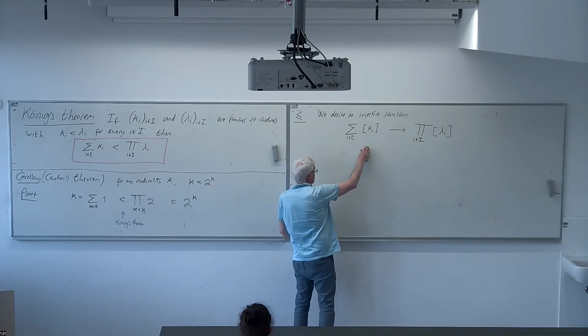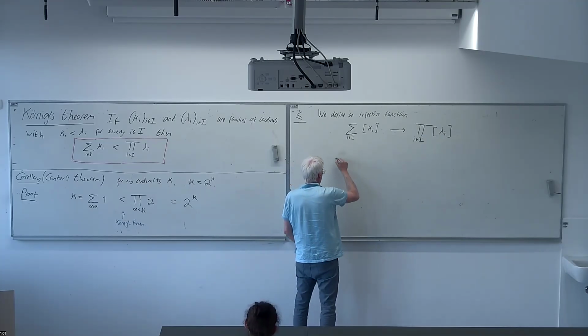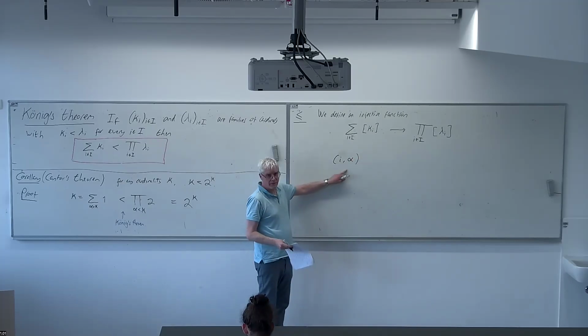On the left-hand side, it's taking an element of the sum. So that takes an i and an alpha, which is something strictly below kappa_i.